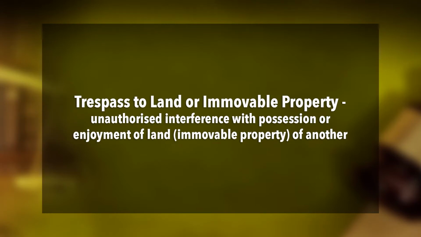The expression trespass to land or immovable property literally means unauthorized interference with possession or enjoyment of land, that is, immovable property of another. Trespass to land is an unjustifiable interference with the possession of land.